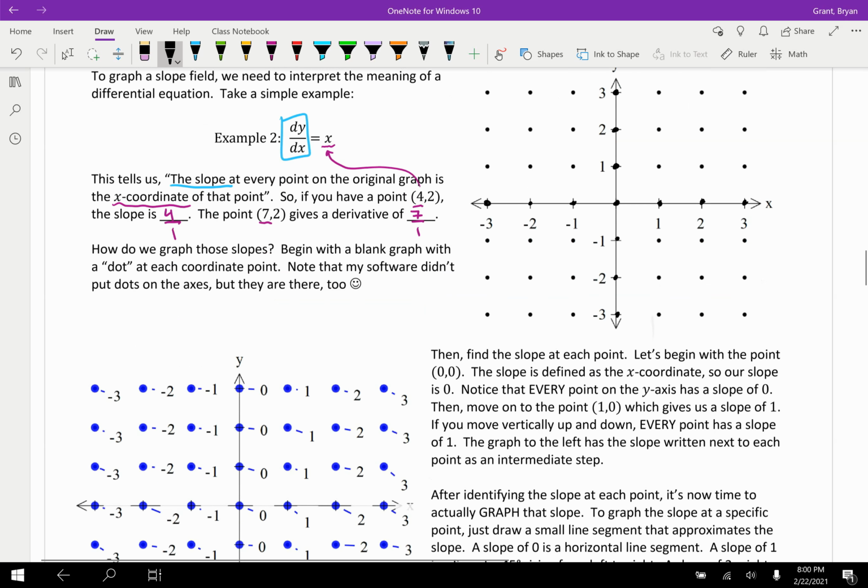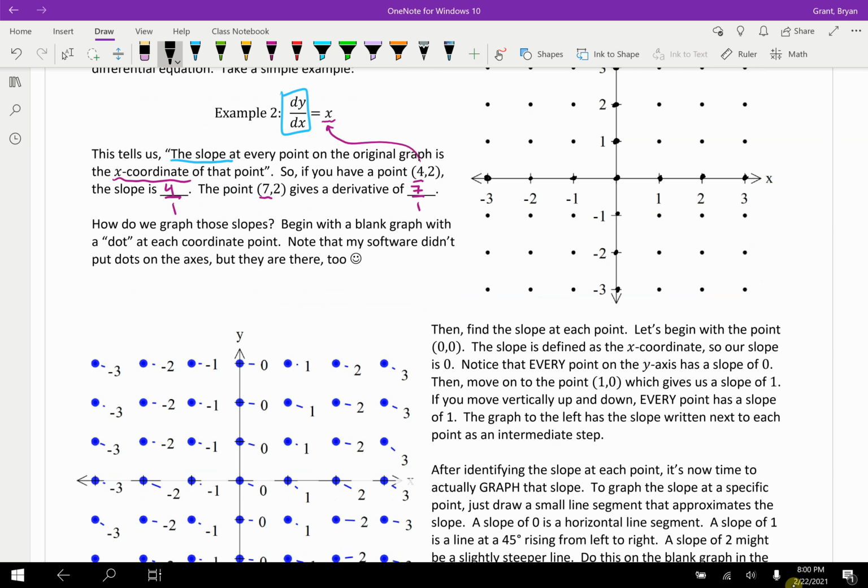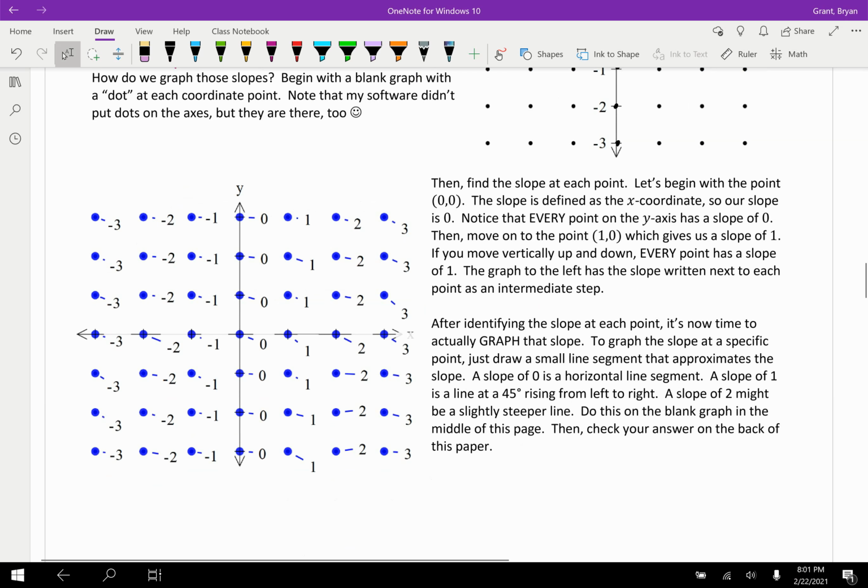Once we see those, and this will be given to you, you don't have to put all those individual points on there, we need to find the slope at each point. We know how to find the slope because we're told that the slope at every point is the x coordinate. So for example, if I look at this point right here, this is the point (-2, 3), right? We go over 2 and up 3.